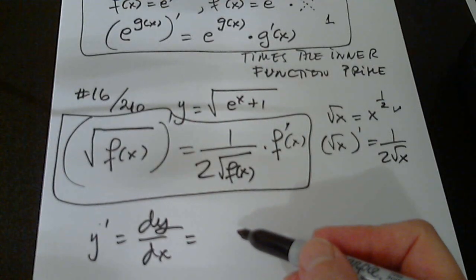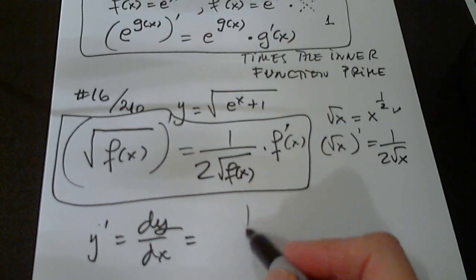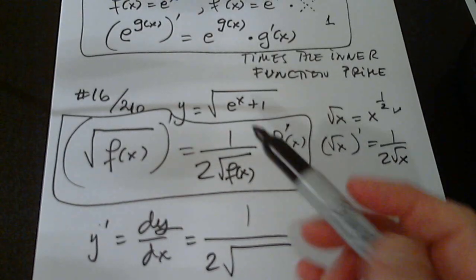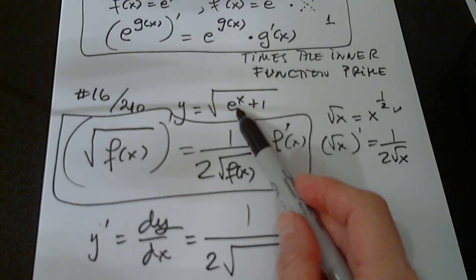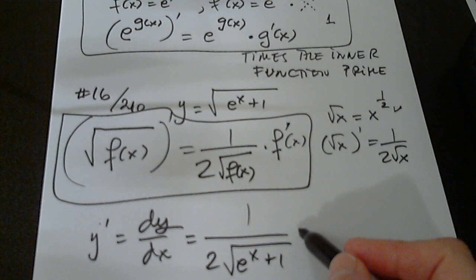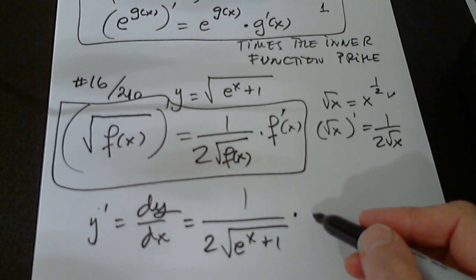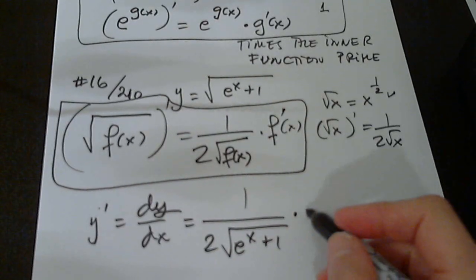It's okay if you're wrong. 1 over 2 the square root of... You mean e to the x plus 1? Good. Times? Yeah. Times e to the x.